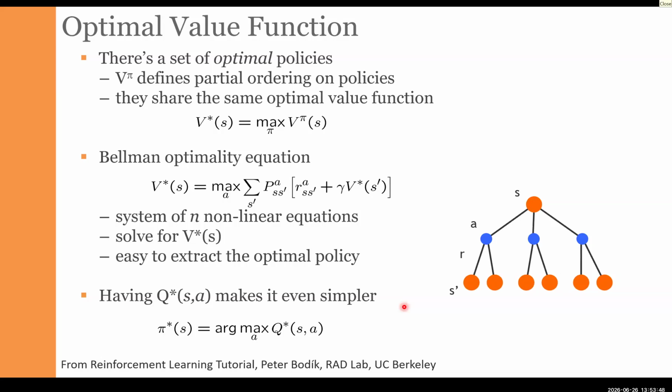So there is good news, and this good news is the reason why people are doing this type of stuff in the first place. The first good news is that it was indeed proven by Bellman that there is a set of optimal policies, basically meaning that of all possible policies, given the reward and given the Markov decision process, there is one that is better than everything else.